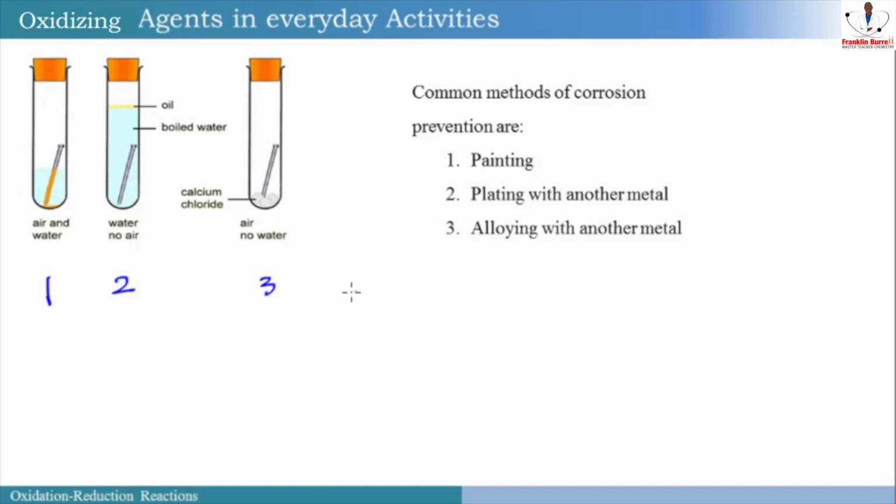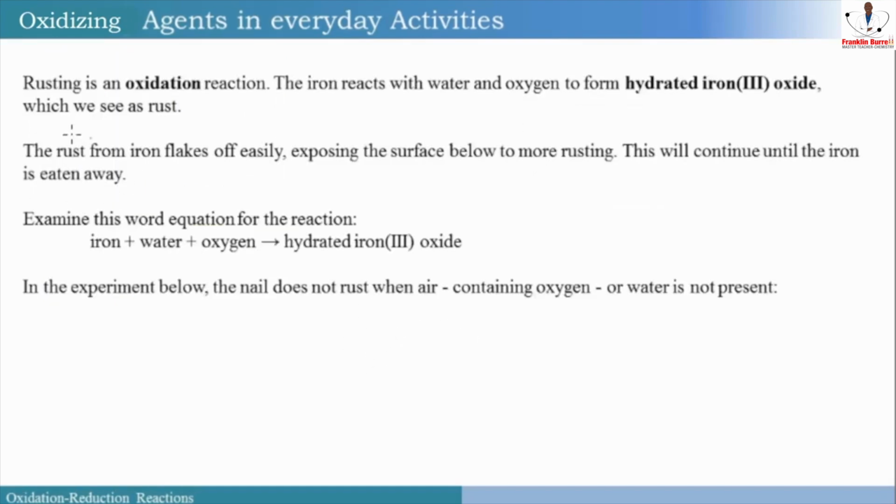Let's write an equation for the formation of rust. So rusting is an oxidation reaction that we said earlier, and the iron will combine with water and oxygen, and it will form our hydrated iron 3 oxide, and we say that this is rust.